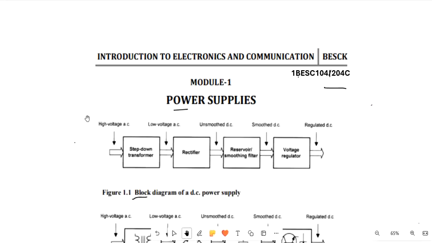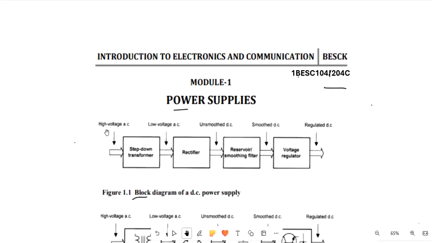Now this one is a high voltage power supply of 220 volts and 50 hertz frequency. It is connected to the supply socket, which is there in our houses, colleges and companies, a very high voltage AC supply.